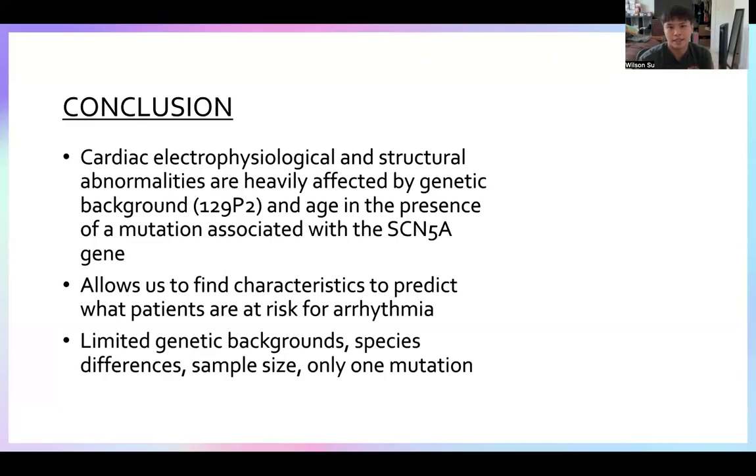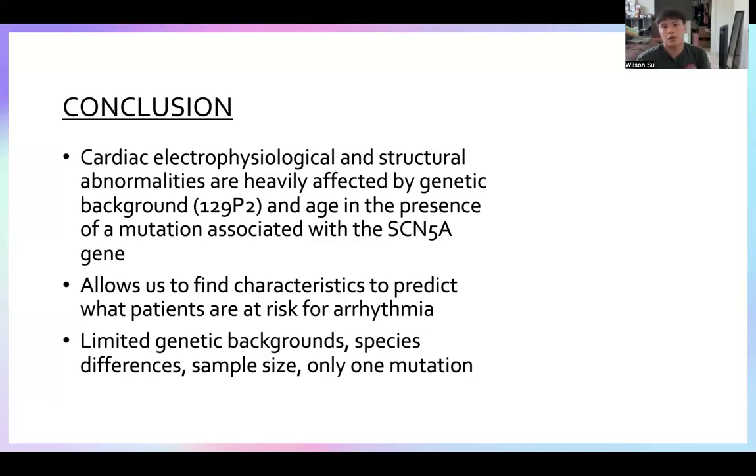Looking at this SCN5A gene mutant version, the good thing about this study is it gives us an indication of what type of population we might want to test more for being at risk for arrhythmia, as well as other clinical therapeutic studies that we could do to try to help patients with these conditions.